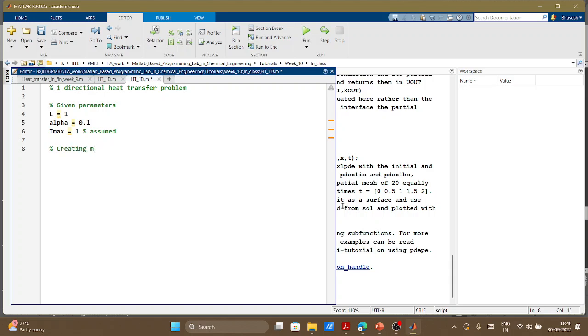Creating data points for time and space variation.